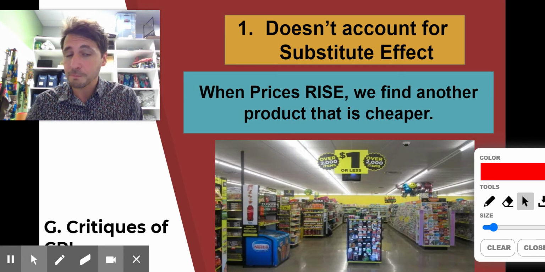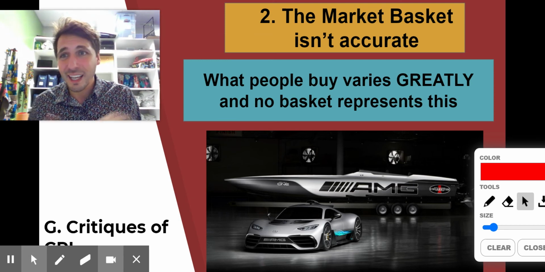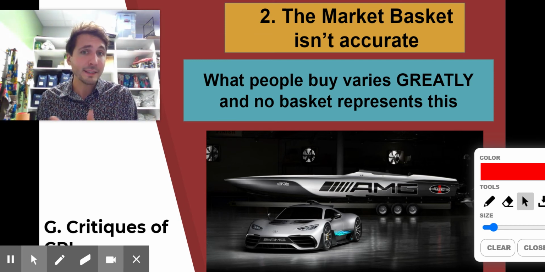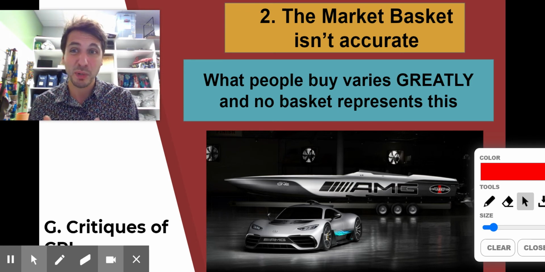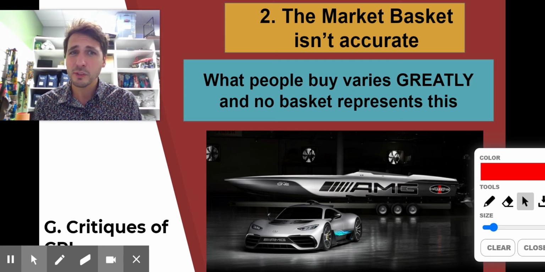Number two, the market basket is not accurate. Frankly, yes, it allows us to measure changes in prices at least a little bit, but everybody's preference on what they buy varies greatly, right?